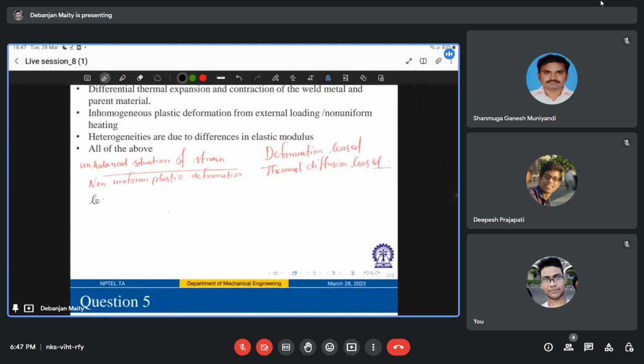I'm talking about this locked-in stress, which is another name for residual stress. On the other hand, if you are heating non-uniformly, there will always be thermal strains and stress developed.